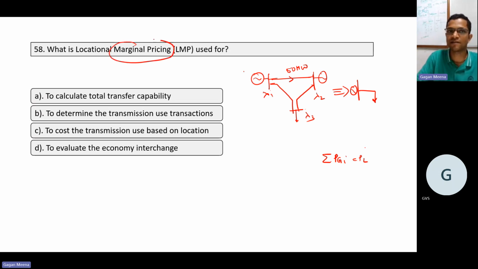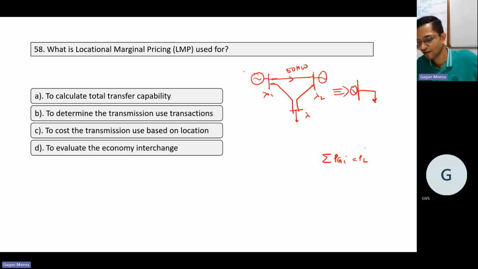Marginal price is incremental price, but we have added one more term, which is location, because it depends on the bus, which part of the network the load is present, or which bus we are trying to monitor. Each bus it will change.